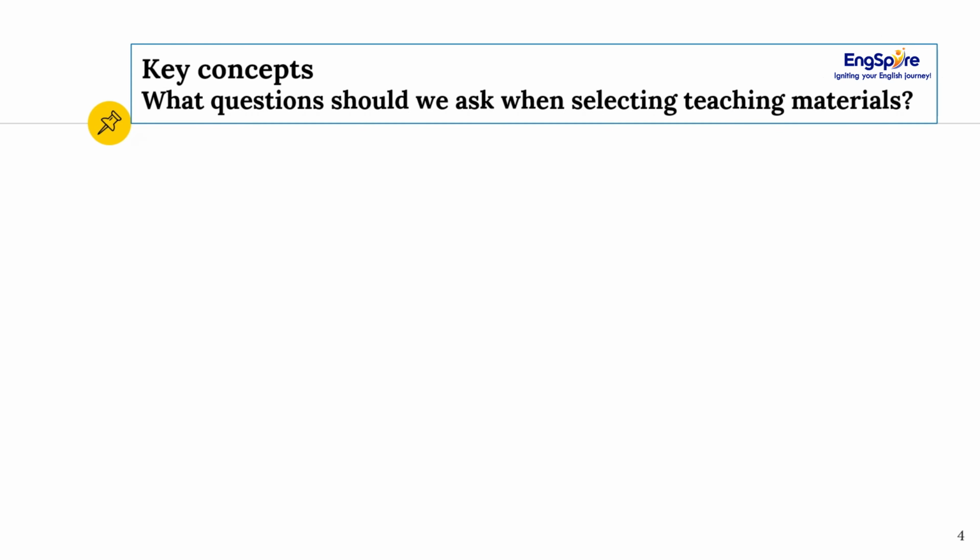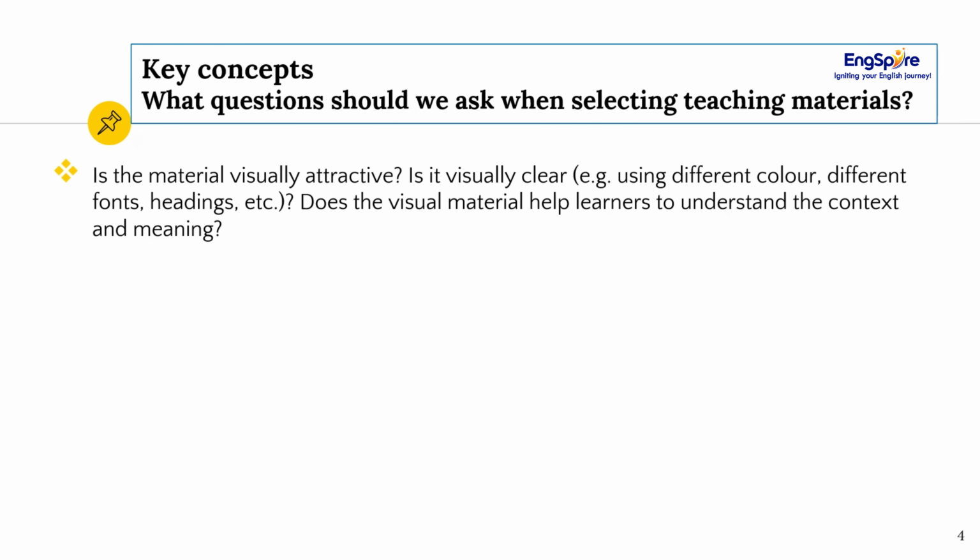Now, let's talk about some key questions we should ask ourselves when selecting teaching material. Sometimes we can't choose the coursebook itself, but we can still decide which parts of it to use and how to use them. These decisions depend on the answers to several questions. The first question: is the material visually attractive and clear?